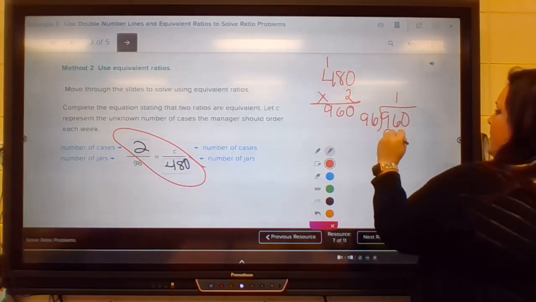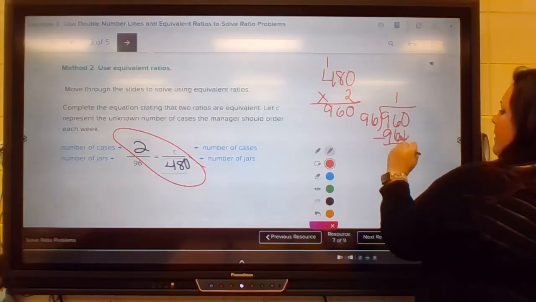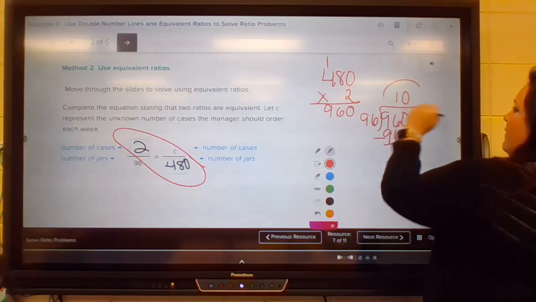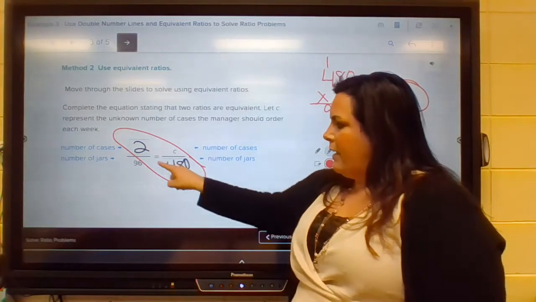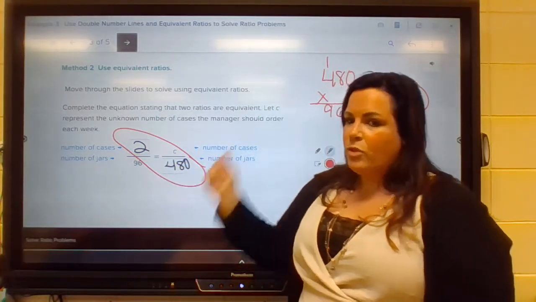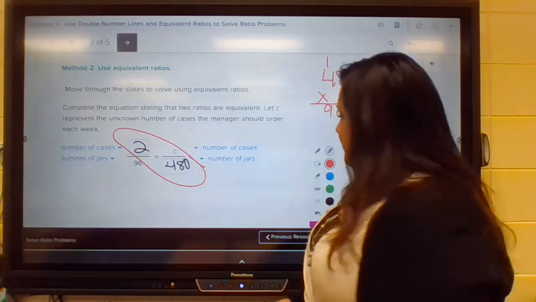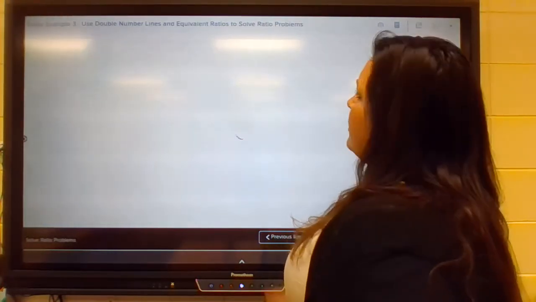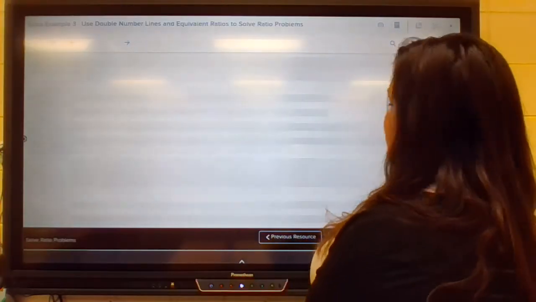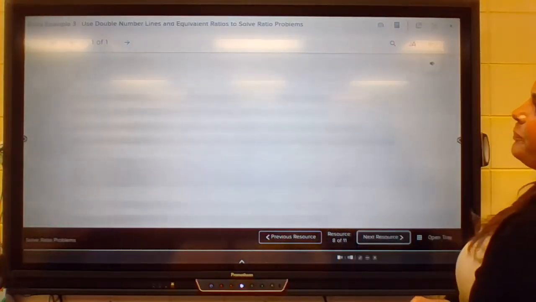Oh, that's pretty easy, right? Our answer here is 10. Okay, once again, multiply on the diagonal, divide by what's left over. Super fast answer right there. That's a quick way to do it. Okay, so there's 2 different ways to find those missing values.